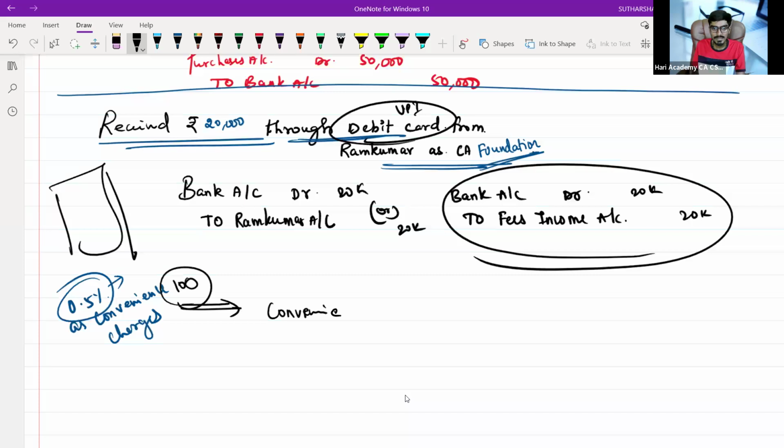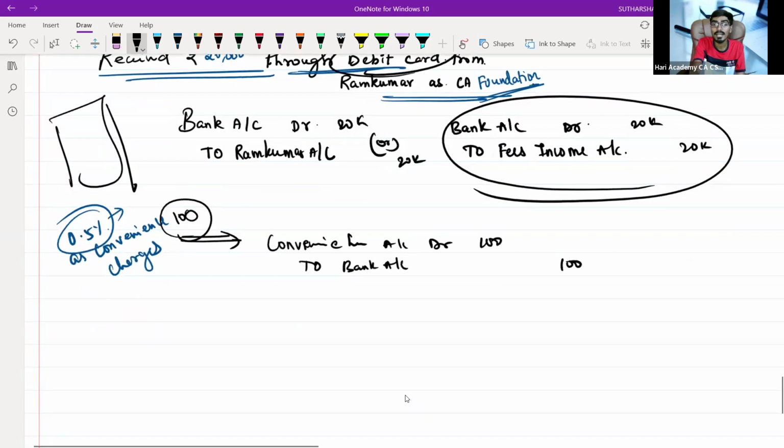convenience charges account debit to bank account, 100. The net effect in my bank account is that I will receive only 19,900.